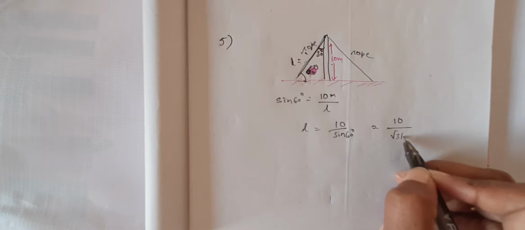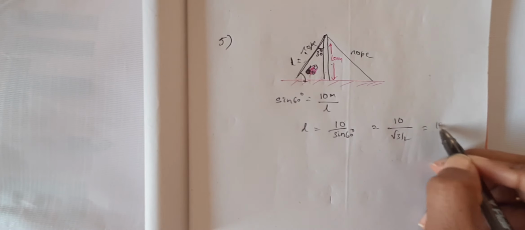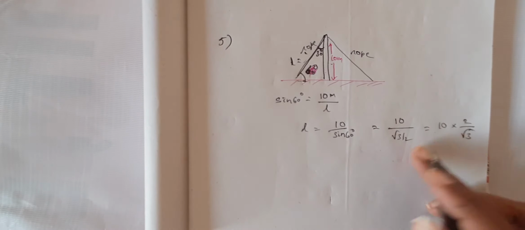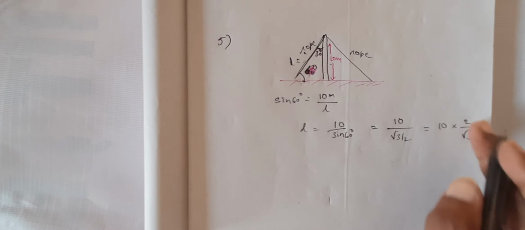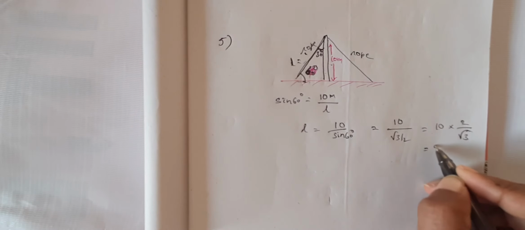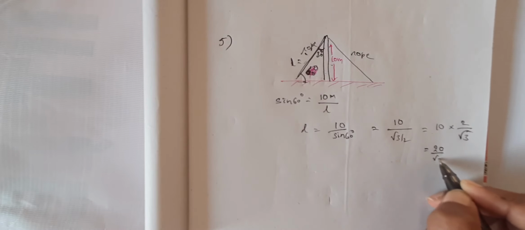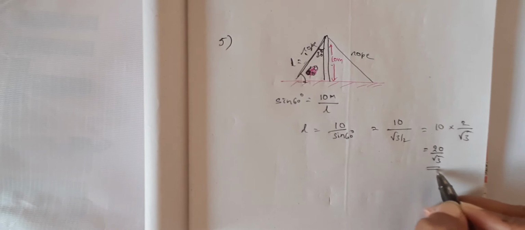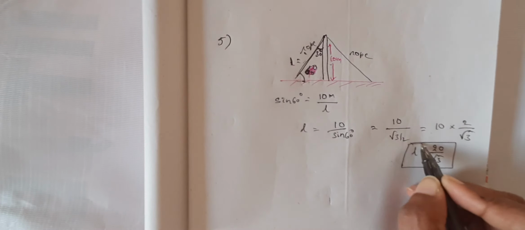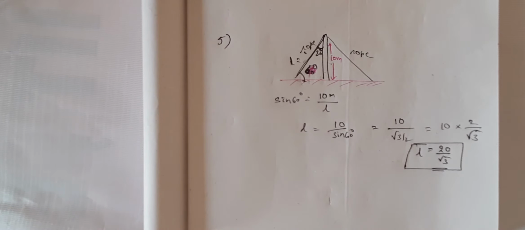Okay, if you want, I'll write it here. I'll bring it into the numerator so that it gets reciprocated. That means the denominator and numerator get exchanged. So 10 into 2 is 20 by root 3. 20 by root 3 is the length. Okay? Yeah, note it down.